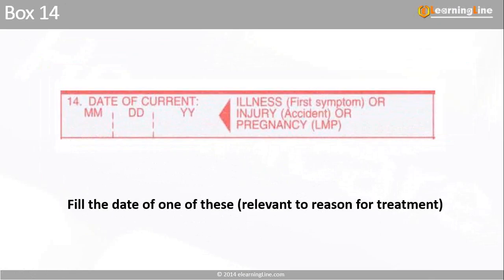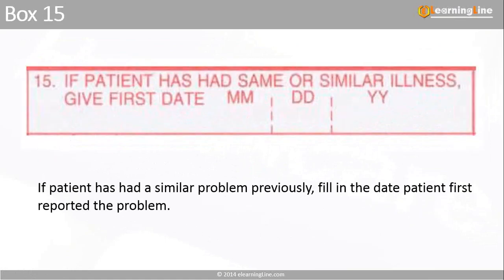It will not be the date when he did the lab work or the X-ray, the radiology, or the day he got the knee replacement done. It would be the day when he first visited the physician because of this problem. If the patient has the same or similar illness, give the first date. It is asking for the historical recurring date.